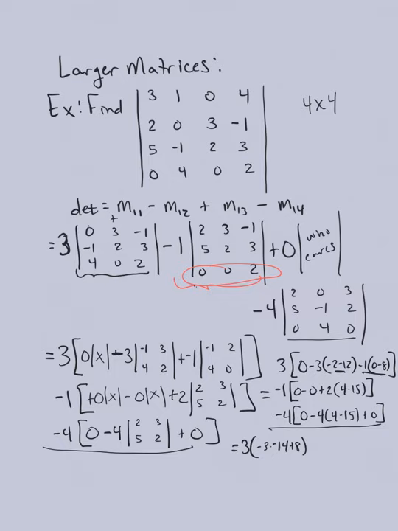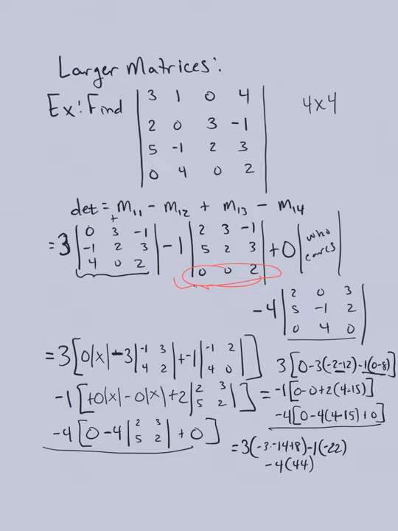All right, and then I have minus 1 times, this is 4 minus 15, so that's negative 11, so I have negative 22, like that. And then I have minus 4 times, this is 4 minus 15, which is negative 11 again, times negative 4, that's positive 44.